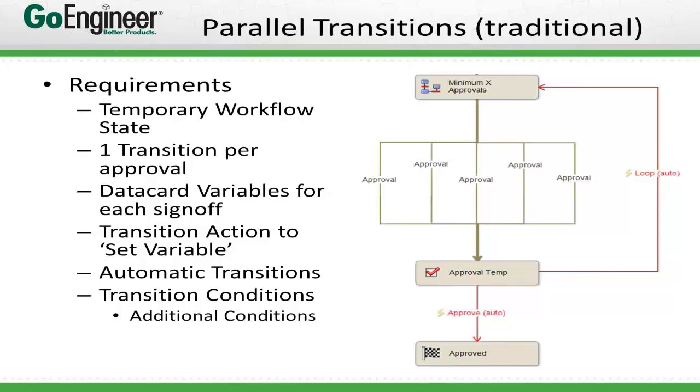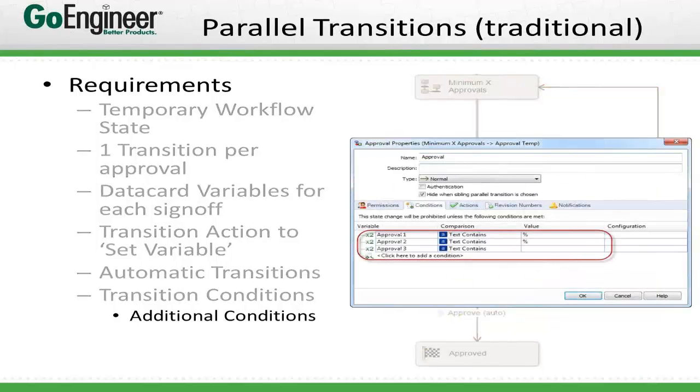So if we now look at the minimum X approvals method, it's structured pretty similarly to the department approvals method, but instead of using group permissions to determine which transition gets taken, we're going to need to add some additional transition conditions to get this sorted out.